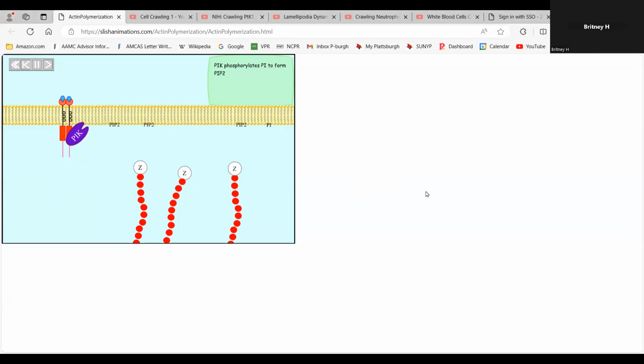PIK then makes PIP2, and those negative charges are going to attract the CAPZ, and CAPZ comes off. Now the plus ends are open, and we can start polymerizing. So that's part of what's going on here with this stimulation of the cell to start crawling in this direction. Activation of PIK, so we're making more PIP2, and that's pulling CAPZ off.